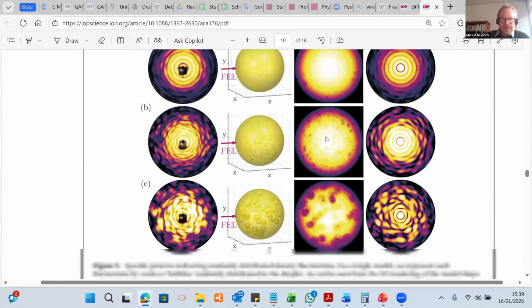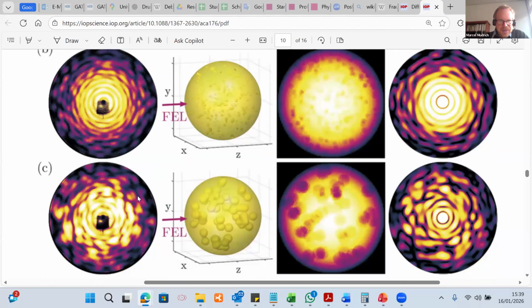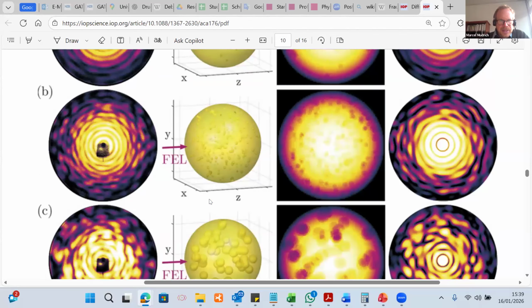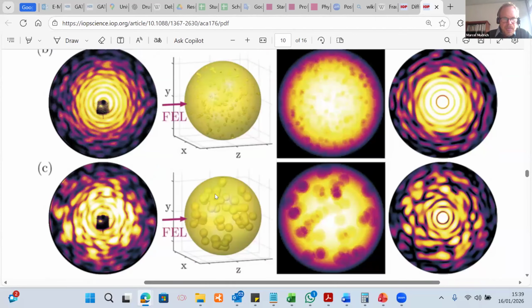But here I think some simple forward simulations showed that likely what happens is that the droplet does not fully atomize and explode, but rather you start boiling the helium inside the droplets, and these small bubbles form, or larger bubbles, and that then manifests itself as these more structured irregular patterns.